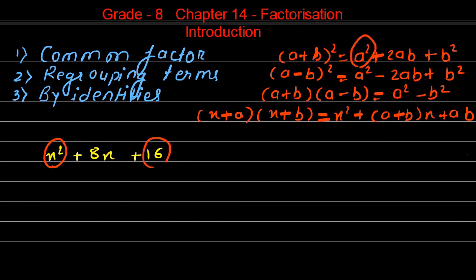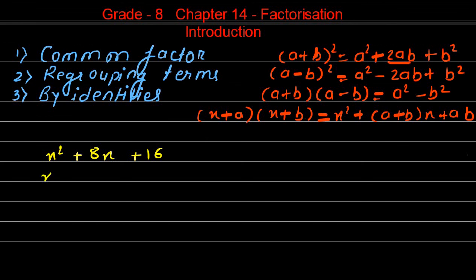You have 16, which is the square of 4, which is also a part of the identity. And as you can see, in both places there is a plus sign. So yes, we can use the first identity, that is (a plus b) square. Okay, so let's separate this. The only problem here is the middle portion: in our identity we need twice ab, and here we have 8x.